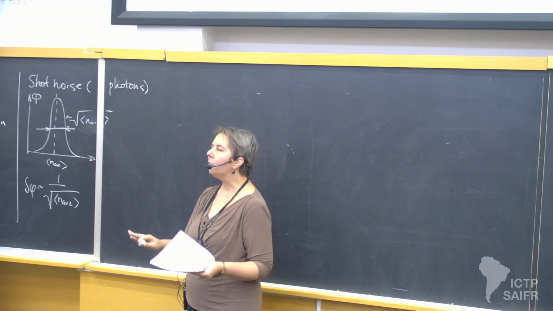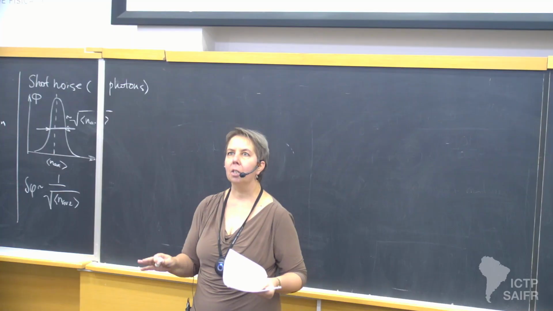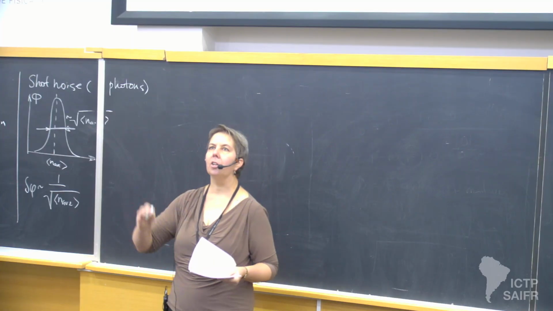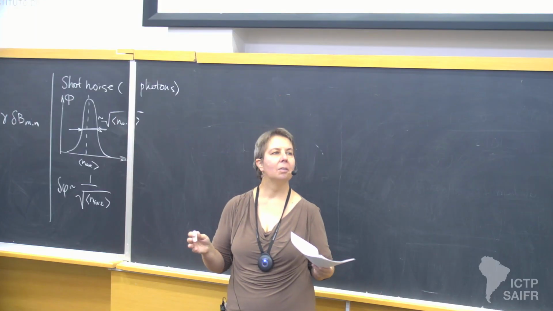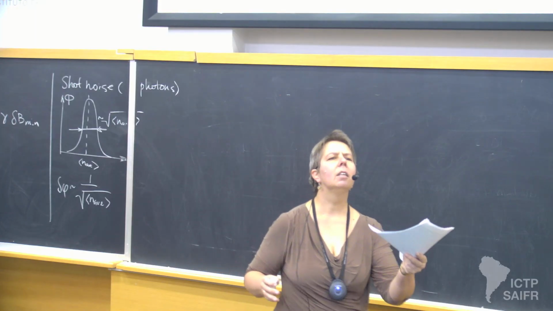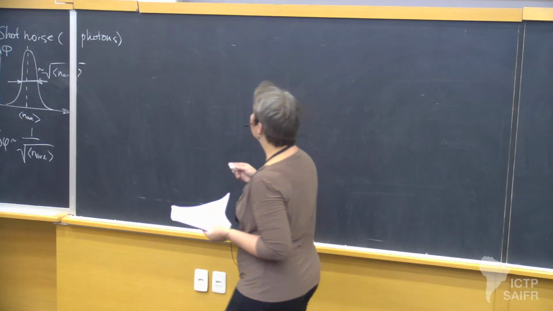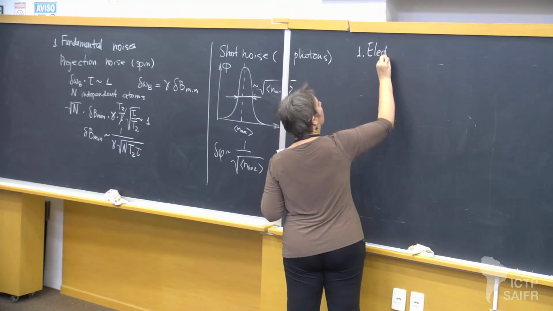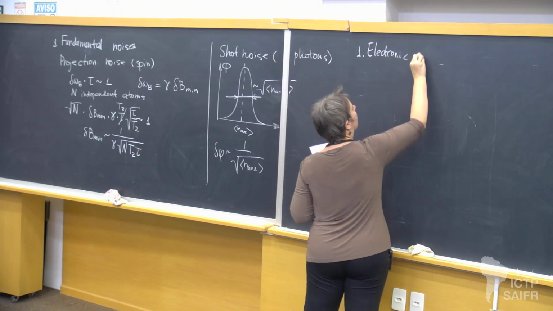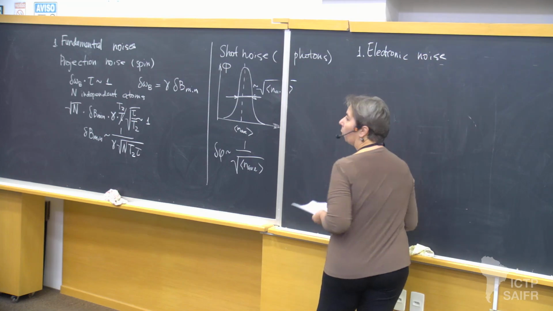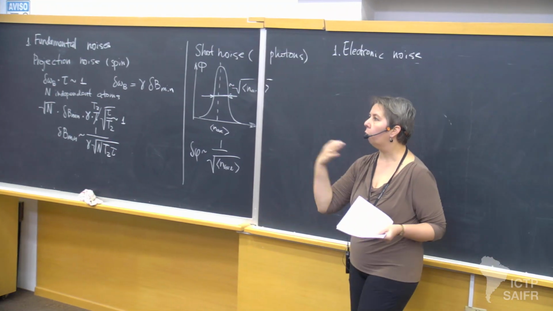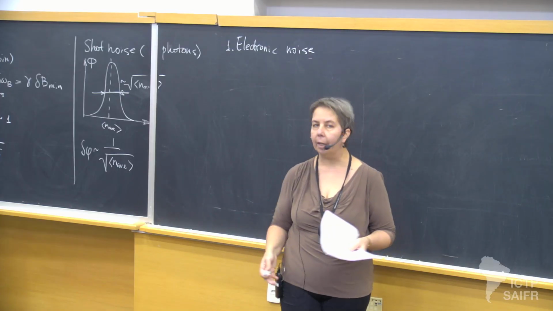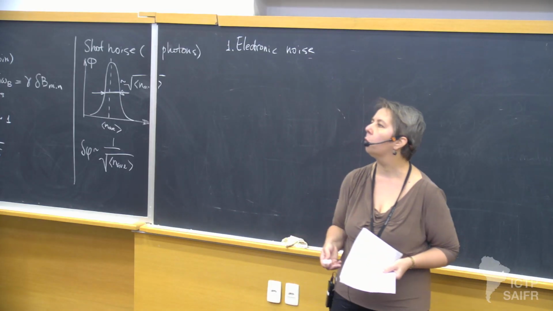Okay, so let's think about what other noises we're going to have in the experiments. Okay, any suggestions? Electronic noise, yes. So one of the things is that whatever you're measuring, you may have your photodetector, which will have some dark noise, so there will be some counts of electrons which don't correspond to the photons.